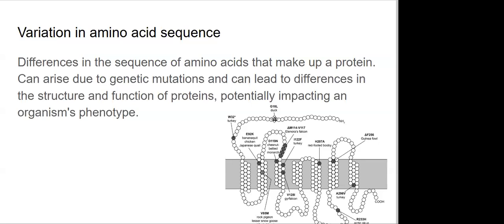If there's a mutation in the DNA, it's going to lead to a difference in the amino acid chain. So when we are looking at this particular protein, you can see that there's a difference for the duck, there's a difference for the turkey, there's a difference in the quail, and the pigeon. And so all these little different amino acid changes are giving a slightly different structure, potentially slightly different function, across different organisms and even within the same species.